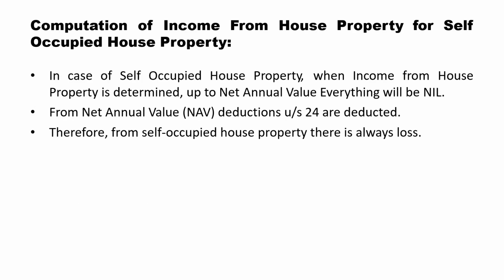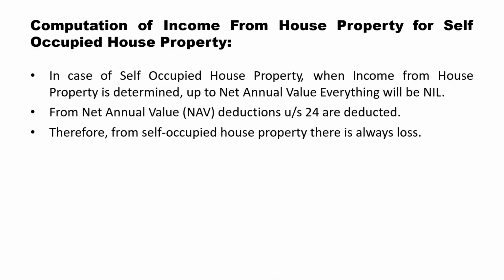Now, how to calculate the income for the self-occupied house property? Very simple. Remember what I am going to tell. Whenever the self-occupied house property is given in the problem, up to net annual value, everything will be nil.